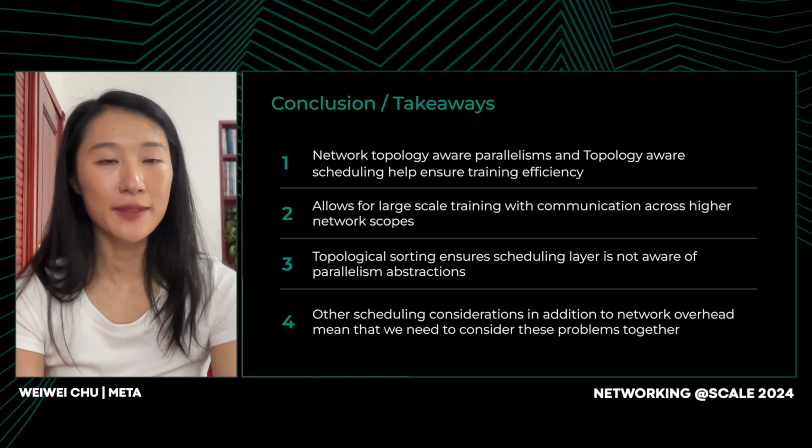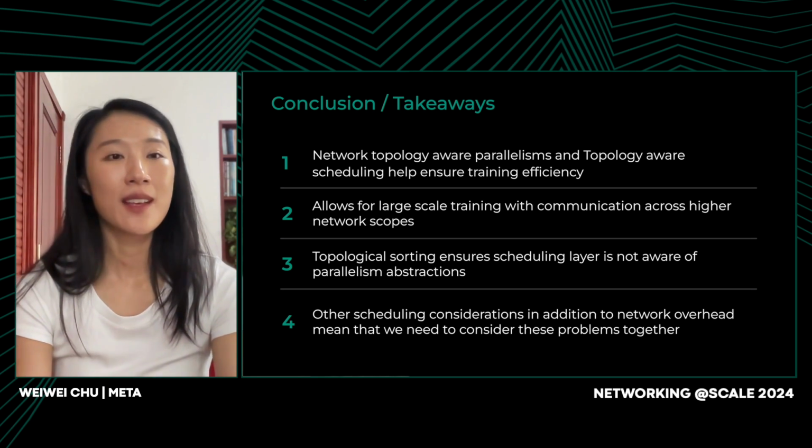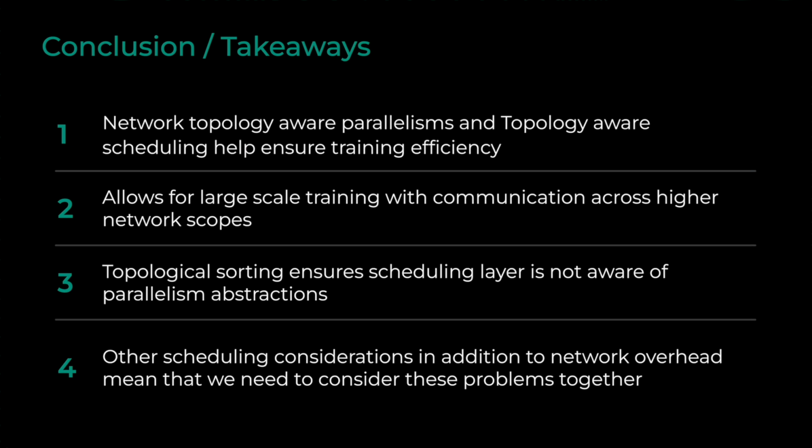The takeaways for this talk are, first, network topology-aware parallelism and topology-aware scheduling help ensure training efficiency. As Arnab mentioned at the beginning, for Llama 3, with careful tuning of all these things, we achieved over 40% of GPU utilization at large scale.